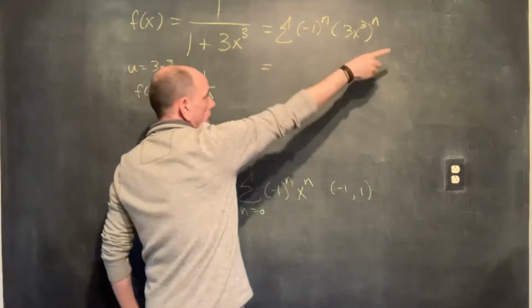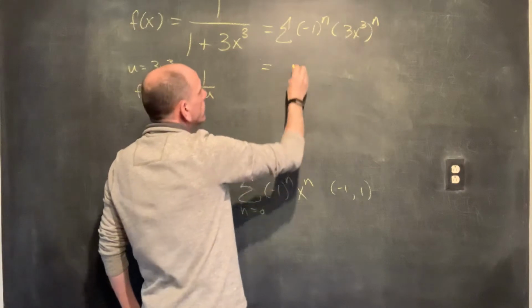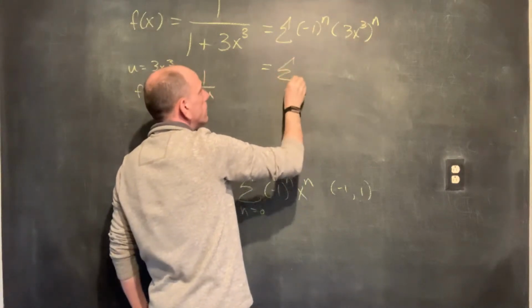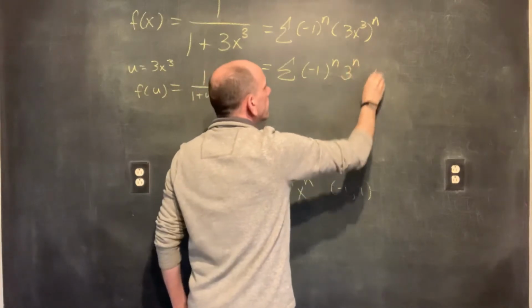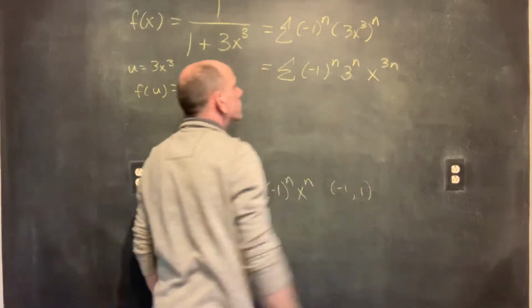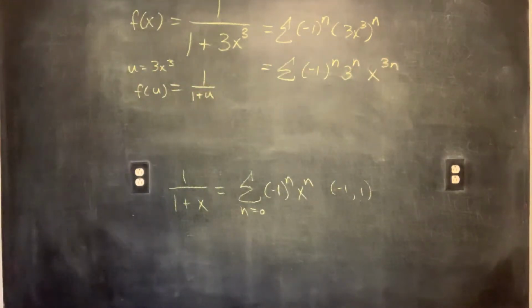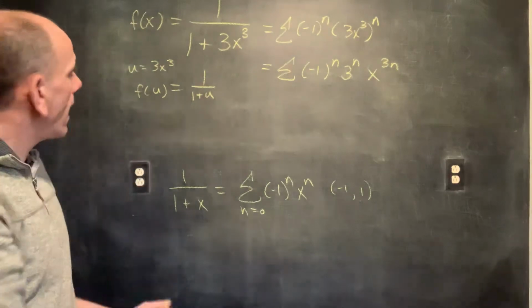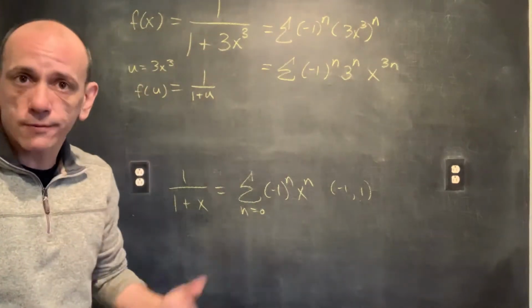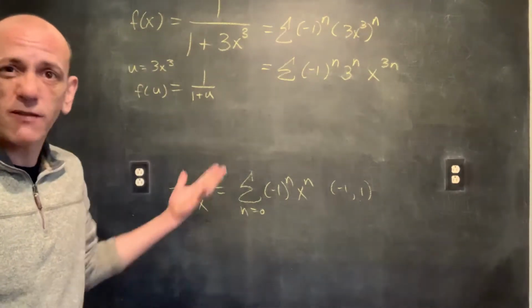But otherwise, we're done here. We've already derived the series. We're just cleaning stuff up now. -1 to the n, 3 to the n, x to the 3n. Okay. So once we get those basic structures, deriving other more complicated ones is relatively easy. We just evaluate.